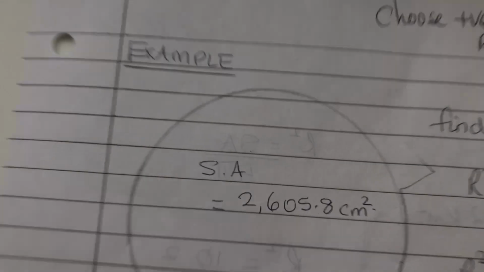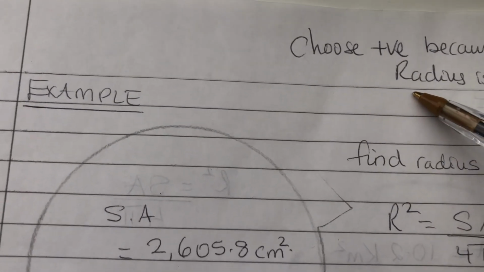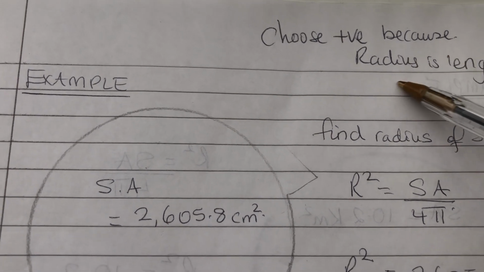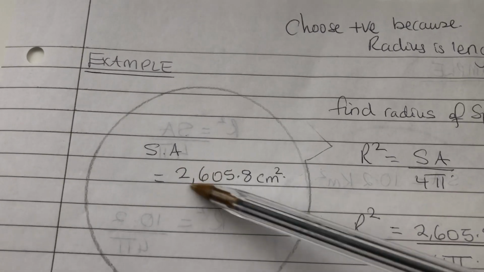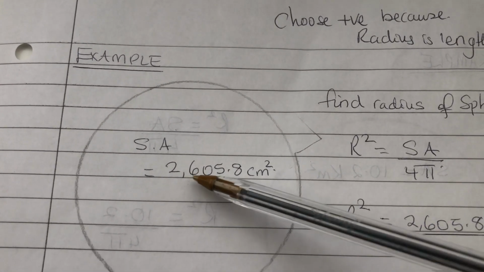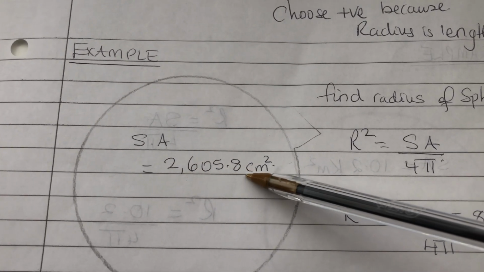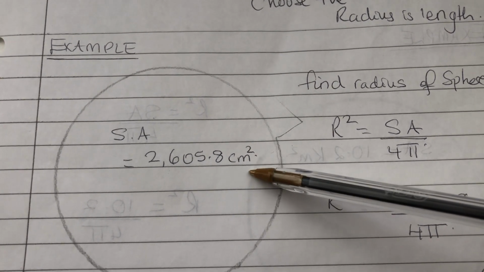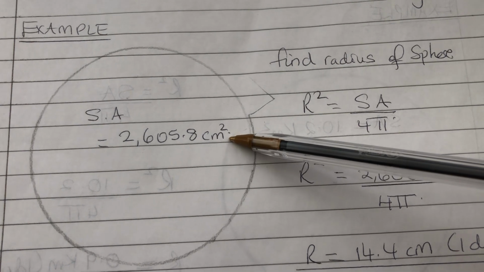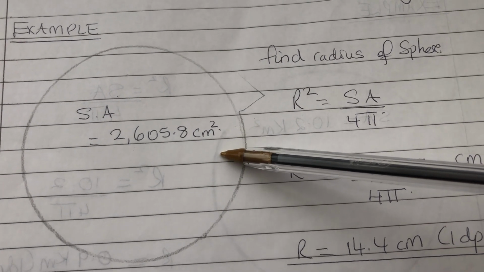Okay. Another example. As I said, choose the positive because radius is length. The surface area of this sphere is 2605.8 centimeters squared. So our radius will be in centimeters because it's radius.